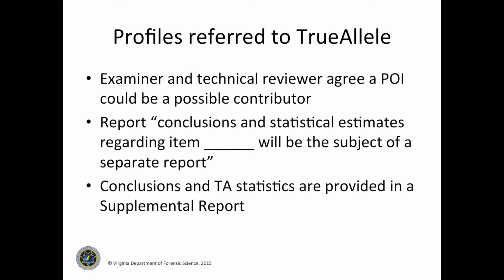When the bench examiner and the tech reviewer and the supervisor reviewer, if it's a complex mixture, agree that a person of interest cannot be eliminated, that conclusion is documented in the case notes but is not reported since they don't have a corresponding statistic. And like I alluded to before, the TrueAllele report will reflect the conclusion and the statistics.